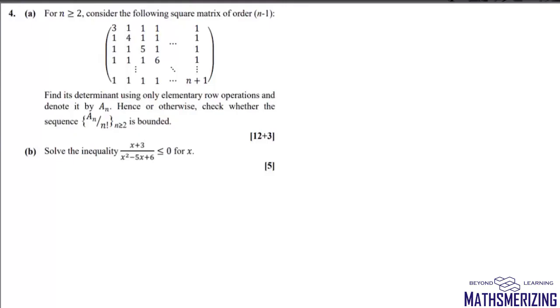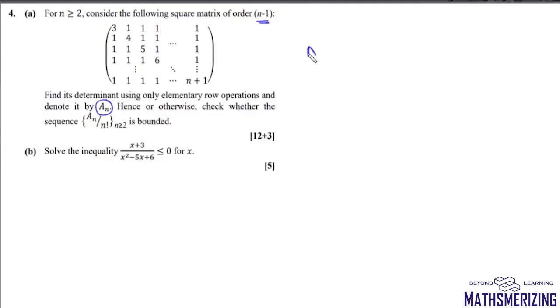Now question number 4a is, consider the following square matrix of order n minus 1, with rows 3 1 1 1 1, then 1 4 1 1 1, and finally 1 1 1 1 n plus 1. Now we need to find its determinant using only elementary row operations and we denote it by an, and then hence or otherwise check whether the sequence is bounded.